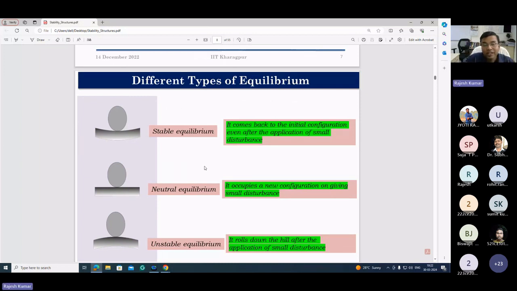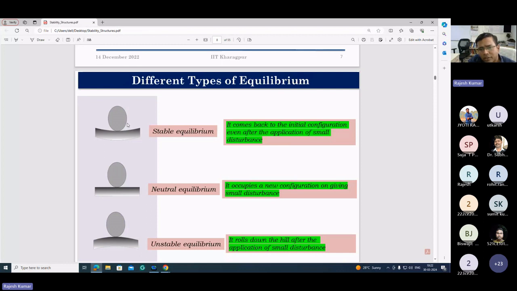So now how to define the stability? There are three types of stability we can define. The first is stable equilibrium. Remember, look at the first figure, stable equilibrium. Now your ball is in the hemisphere and you give a small perturbation to the ball.